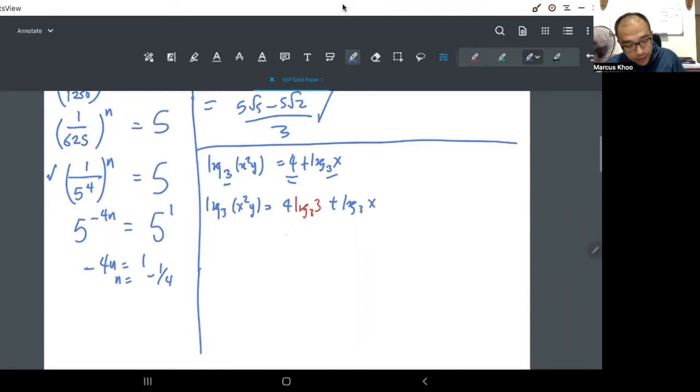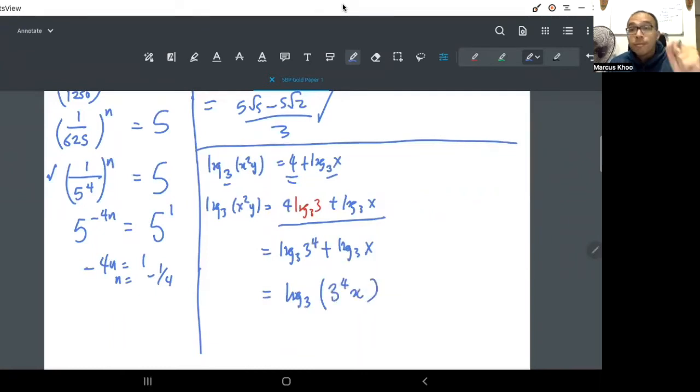On the right hand side, this will give me log 3 of 3 to the power of 4, plus log 3 x, which will give me log 3 of 3 to the power of 4 times x. I can bring them back together using the log. So 3 to the power of 4 is actually 81. So I'm going to change this to 81x.